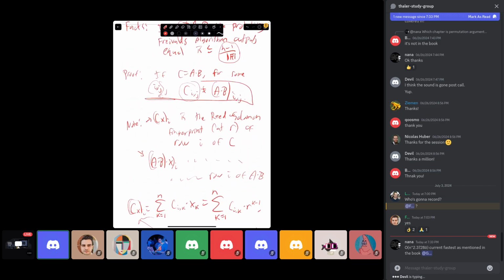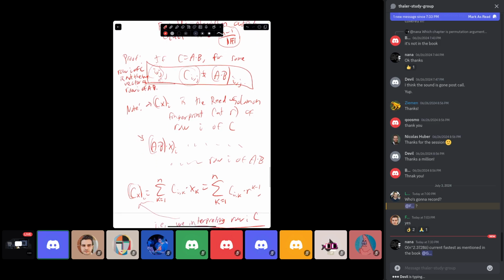What this is saying is row I of C is not the same vector as row I of A times B. And what Freivald's algorithm is doing is just row by row Reed-Solomon fingerprints.